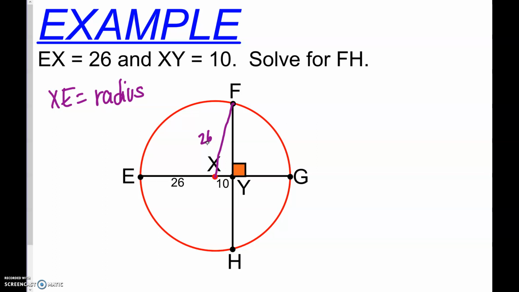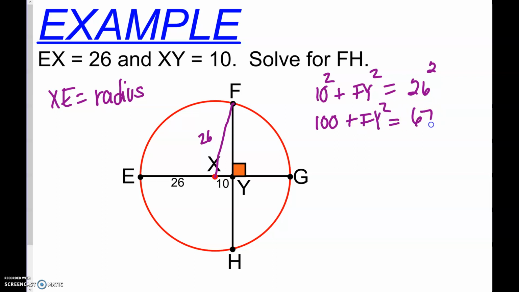Can't we use our Pythagorean theorem here and say 10 squared plus FY squared must be equal to 26 squared? This is probably one of the least intuitive things for kids to see. Like I said, most of the time we have to sit here for quite a while for someone to figure this out.